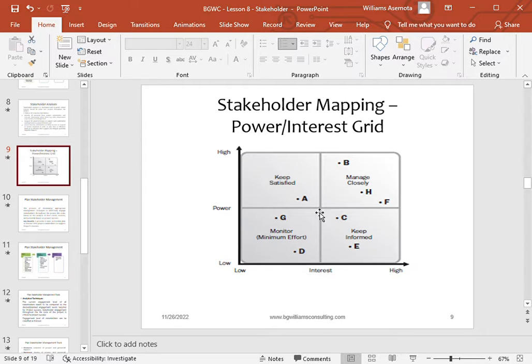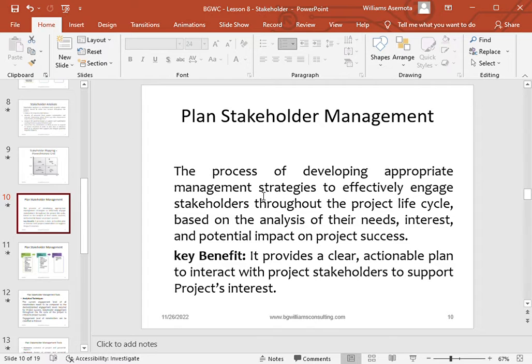Which means for all the stakeholders in quadrant A, you need to put a plan together on how you will communicate with them, how you will meet their expectations, how you will make them happy, all the things you need to do to make them give you support.